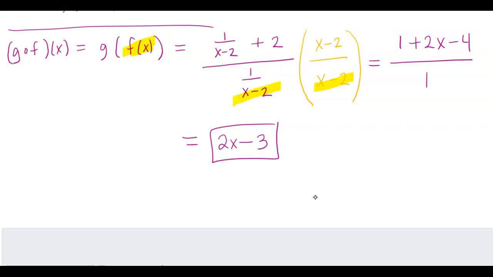There are no restrictions. So for this problem, the domain is all real numbers except x cannot be equal to 2. The only restriction comes from the original function f. In set notation, that would be negative infinity to 2, not including 2, and then going from 2 to positive infinity.